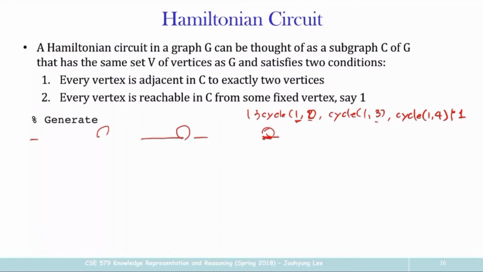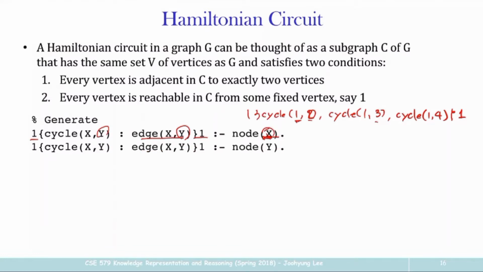The next one is the dual. Pick y, then there should be exactly one incoming edge. You have to choose exactly one x that has an edge from x to y. Now if you have these, you will see that the edges that you selected, denoted by cycle(x,y), are in the Hamiltonian cycle.